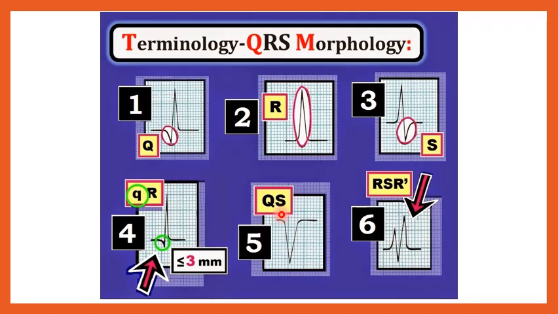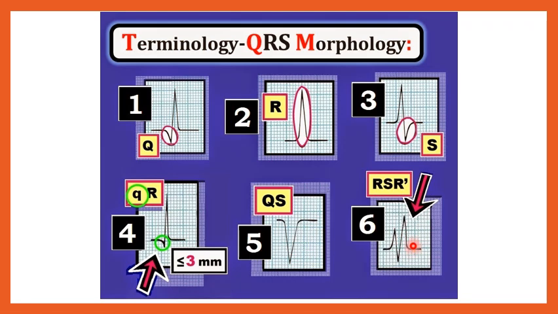But QS is used to state that the QRS complex is 100% negatively deflected. Then over here in number 6, we have an R, an S, and another R that follows.